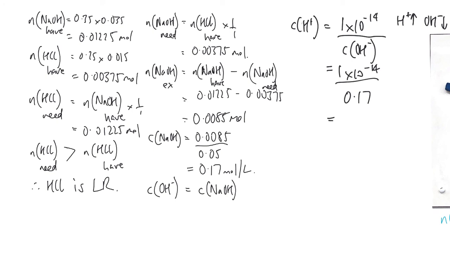Okay, so therefore 1e to the negative 14 divided by 0.17. How do I do this on this calculator?